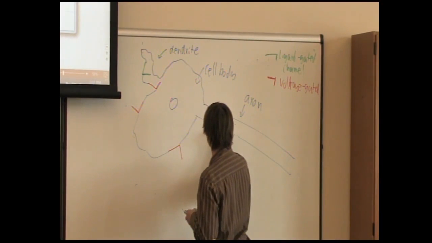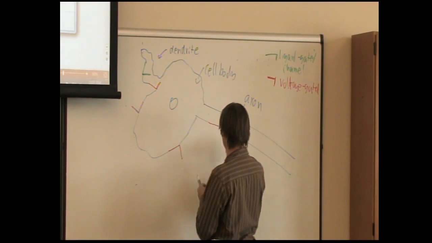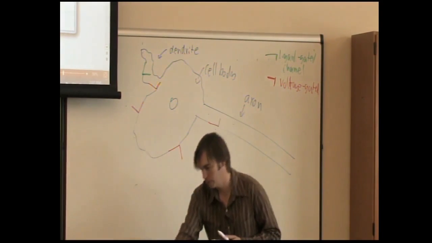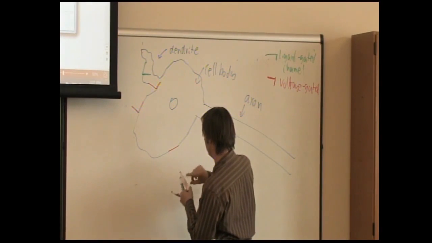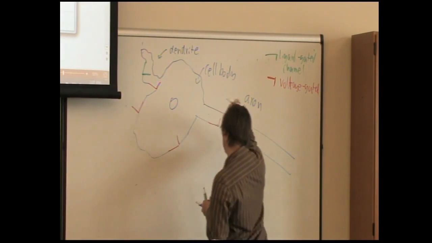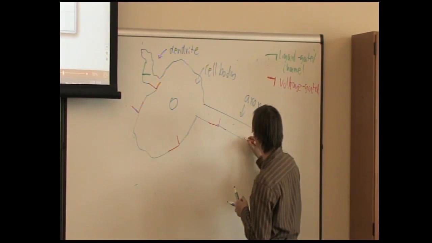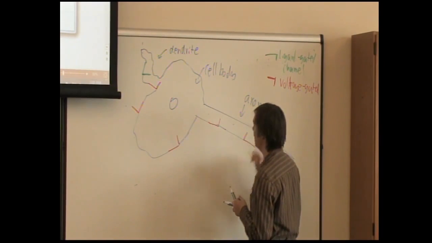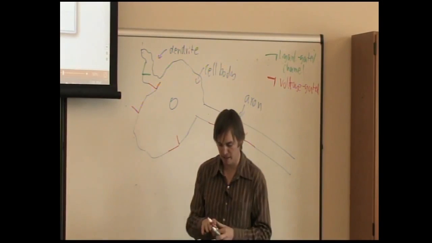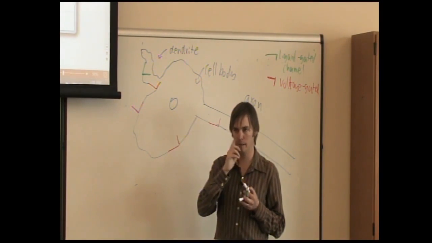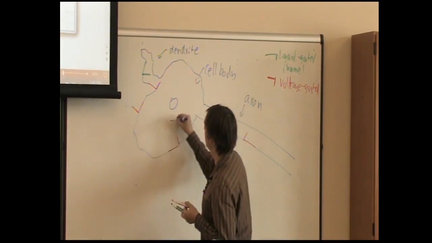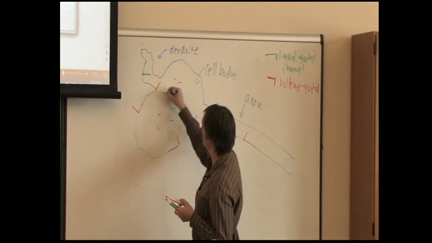The axon has them, and if you notice, I'm drawing them all closed. So all our channels are closed to start with. And then inside of the cell, is it negative or positive? Negative. All right, so negative all over.